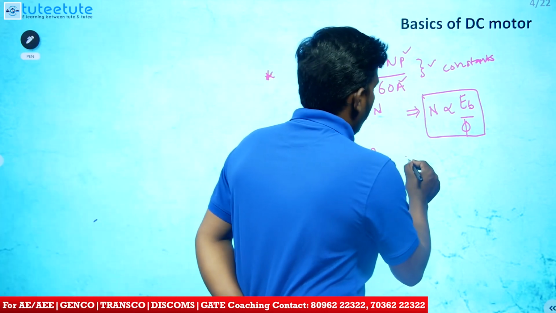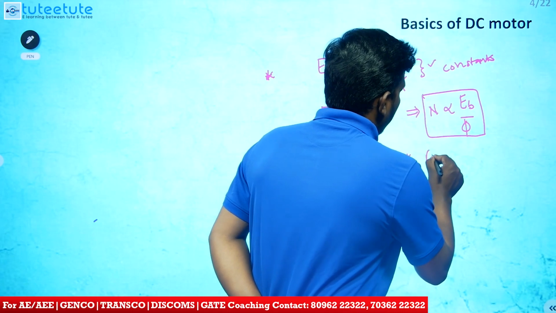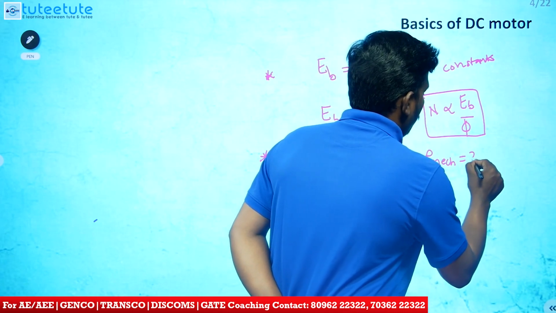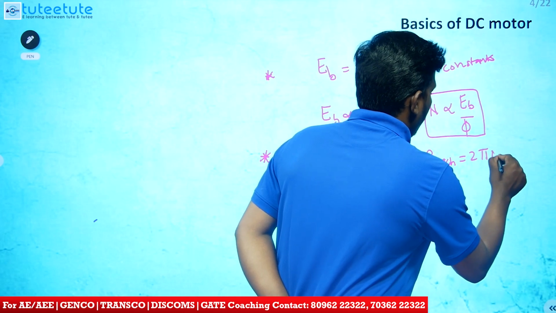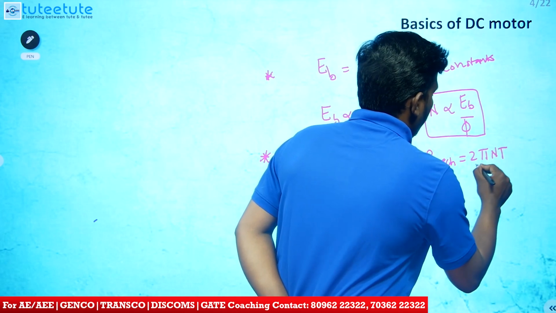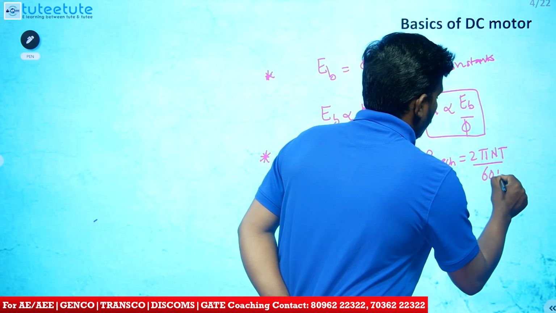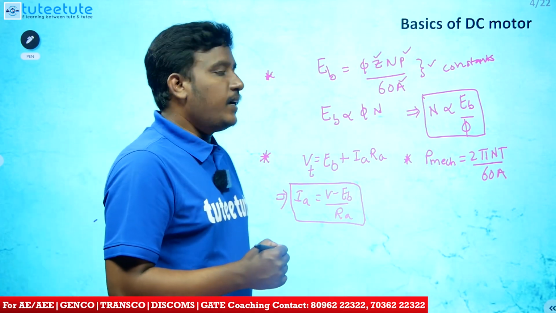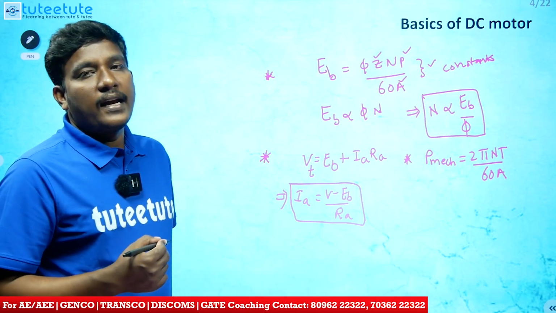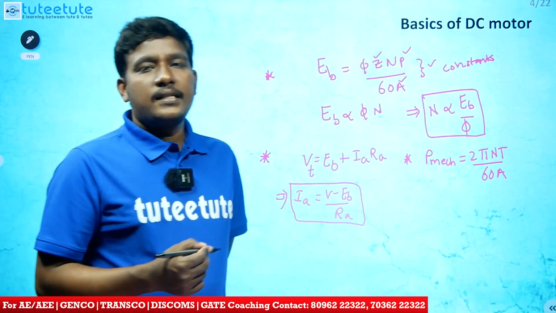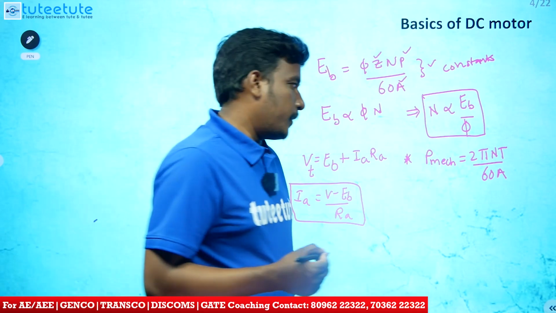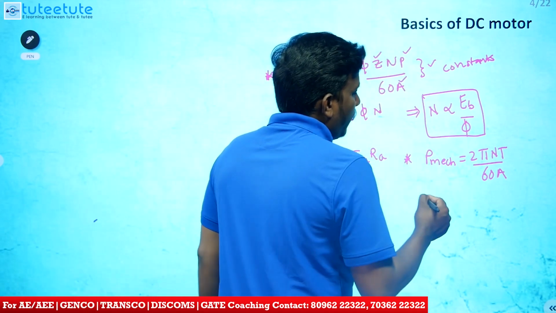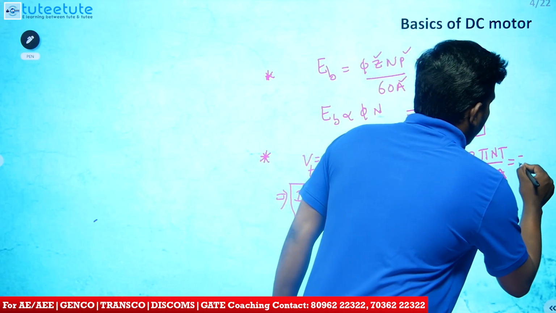Next, we know that the mechanical power developed is equal to 2 pi nT by 60. Here n is the speed of the motor, and T is the torque developed by the motor. We can also write it as EB into IA.